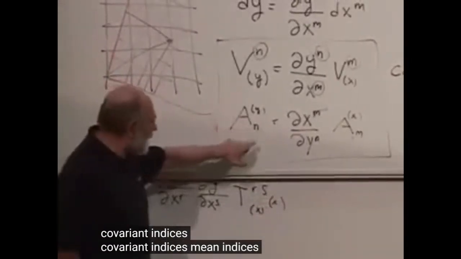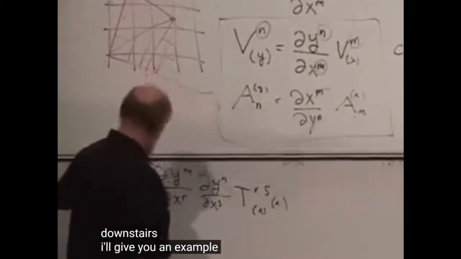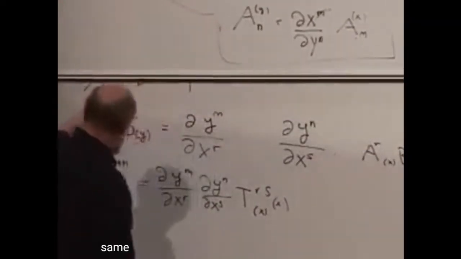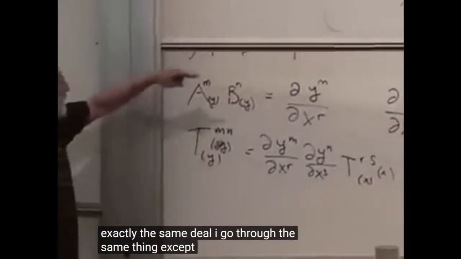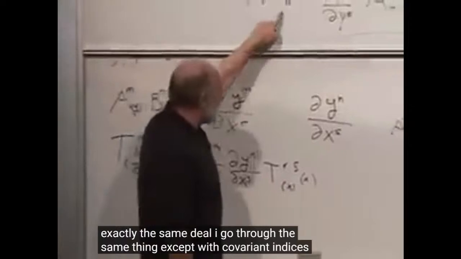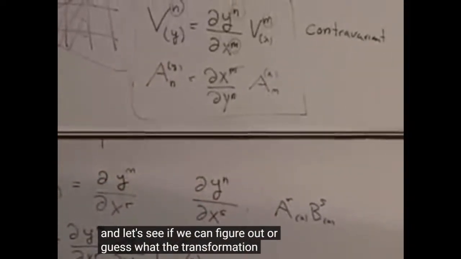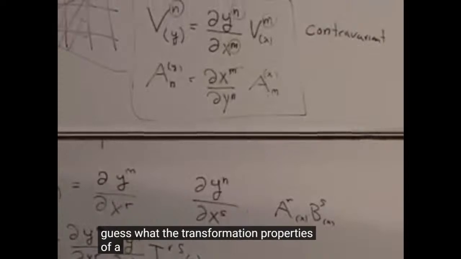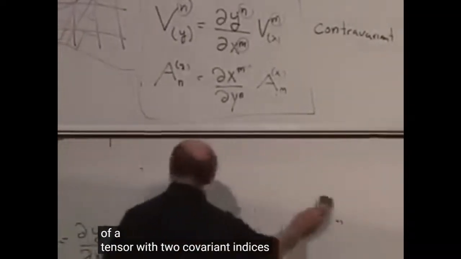Covariant indices mean indices downstairs. I'll give you an example. Same deal, exactly the same deal. I go through the same thing except with covariant indices. And let's see if we can figure out or guess what the transformation properties of a tensor with two covariant indices is.